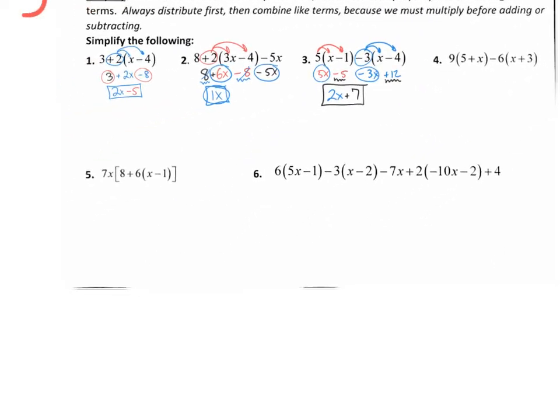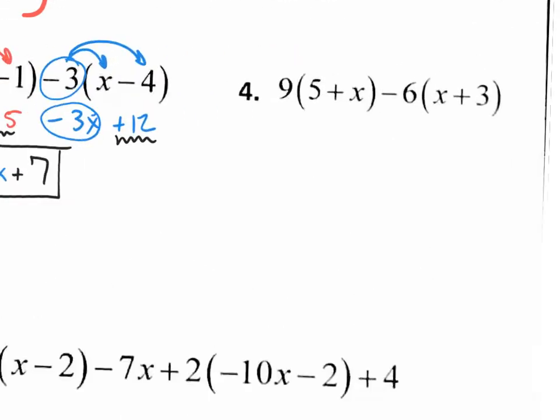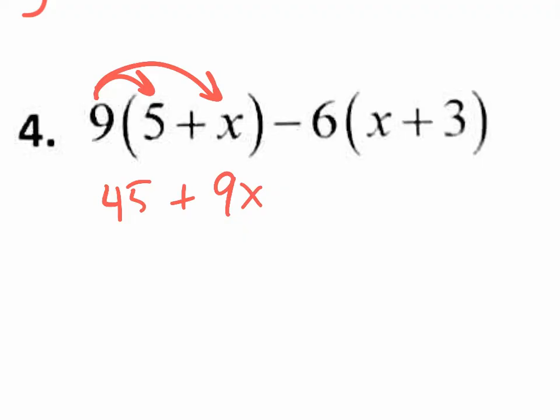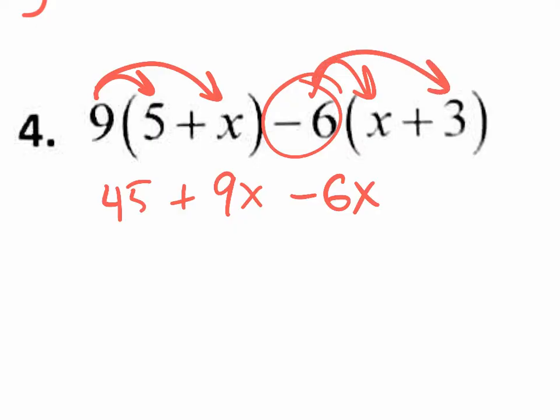All right, I guess, might as well, let's just do all of them here. 9 times 5? 9 times x? Negative 6 times x? Negative 6 times 3? Now, out of all those terms, what could I combine?